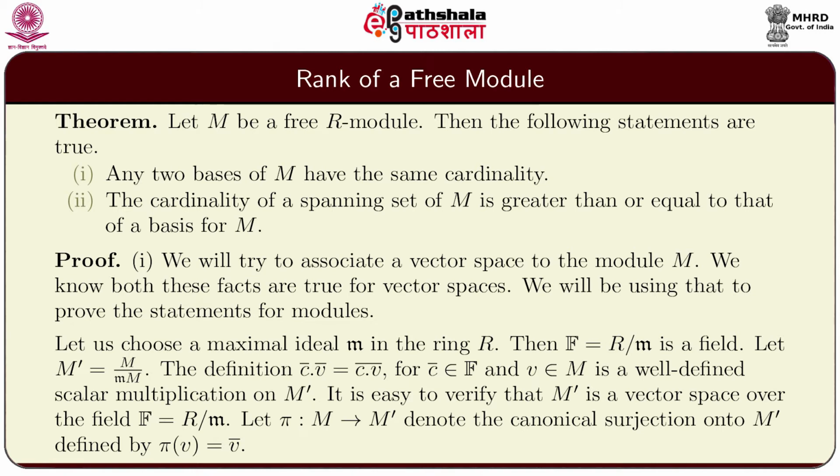Let pi from M to M dash denote the canonical surjection onto M dash defined by pi of V is equal to V bar. You know, V bar is nothing but the equivalence class of V or the coset V plus MM.